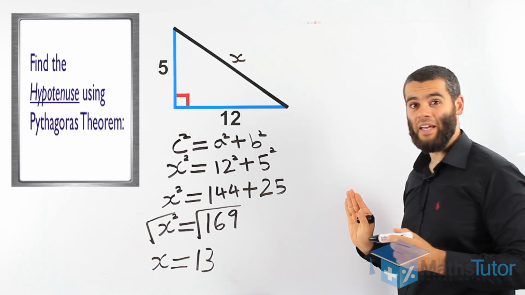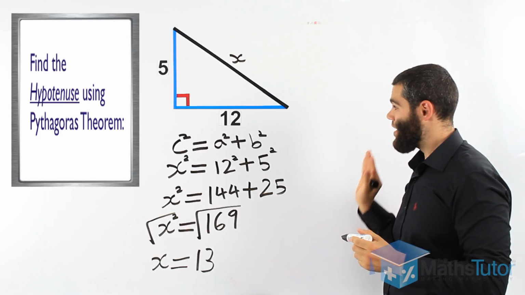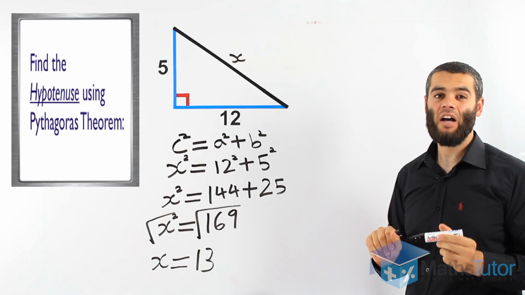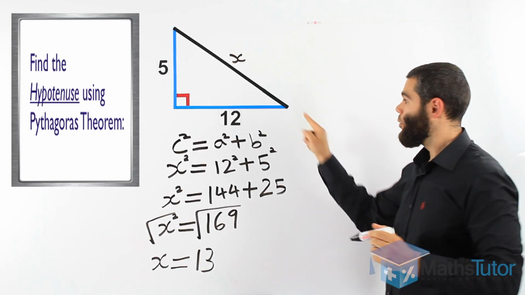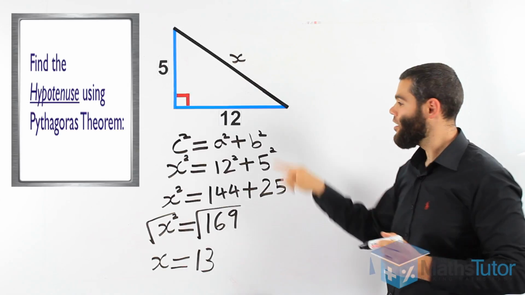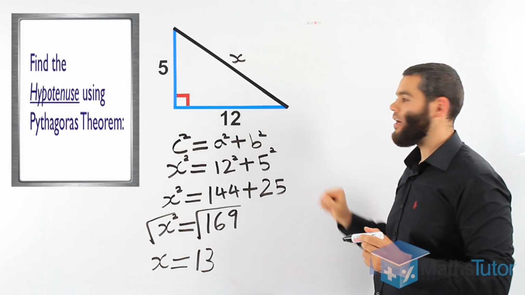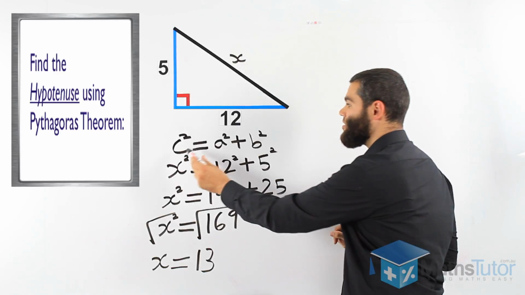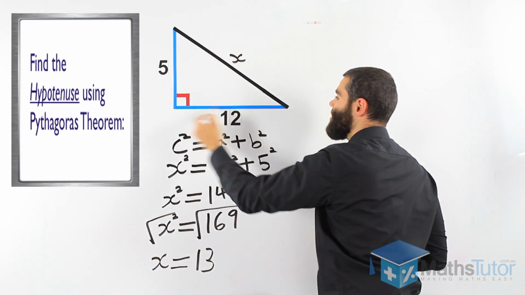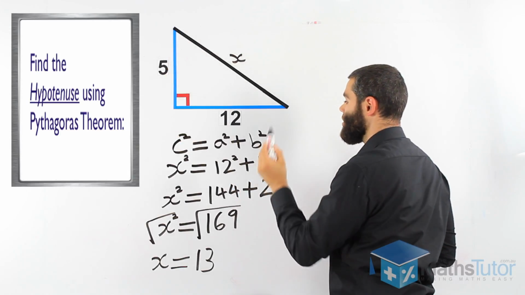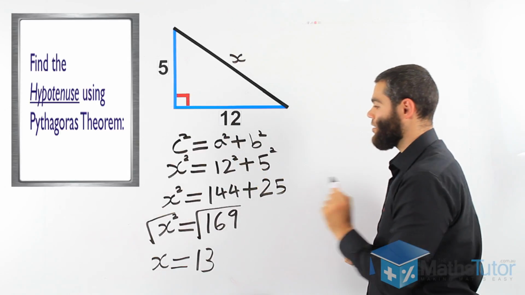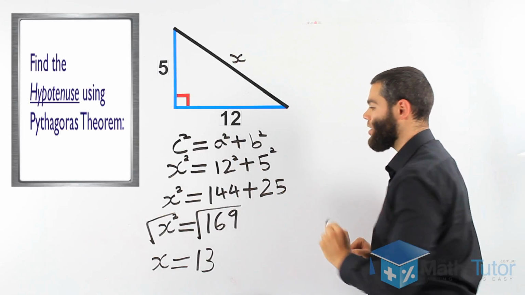So let's go through once again. Pythagoras shows us how to find a missing side in a right-angled triangle. We have this right-angled triangle here and the hypotenuse is missing. We use the formula for Pythagoras. c squared equals a squared plus b squared. C squared is here, a squared, b squared. 12 squared, 5 squared, 144 plus 25.